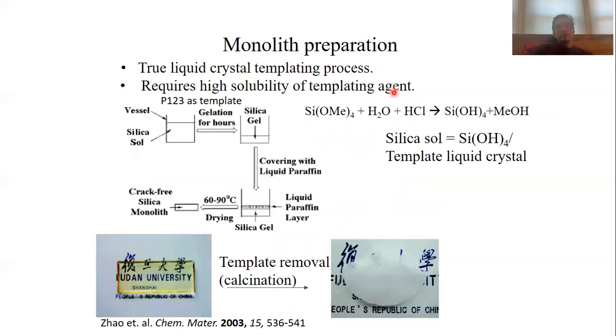So you can expand this prep to the preparation of truly monolithic blocks of periodic mesoporous silica materials. And you see a photograph of such a material here.